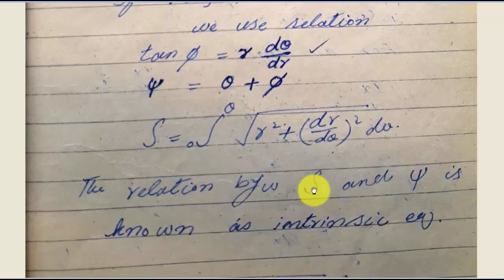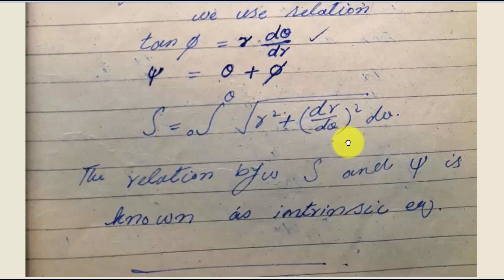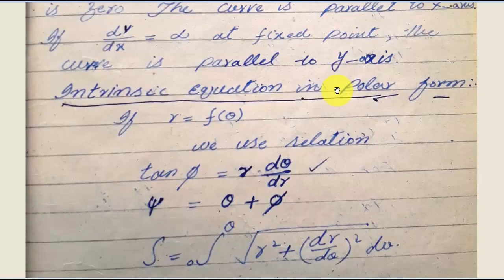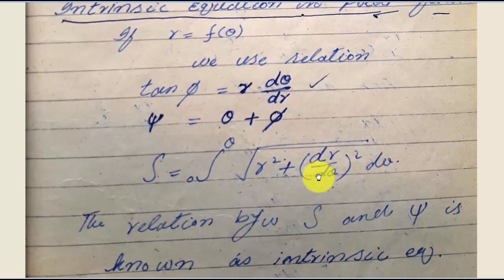The relation between arc length and angle psi is known as the intrinsic equation. This is the formula of arc length, and after finding this, we can easily find psi is equal to theta plus phi. This is psi and this is phi.